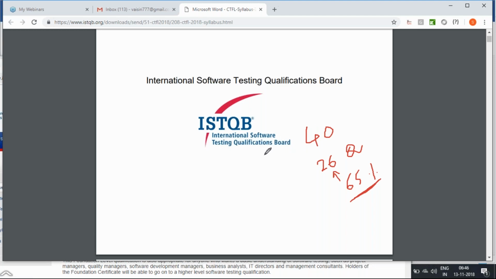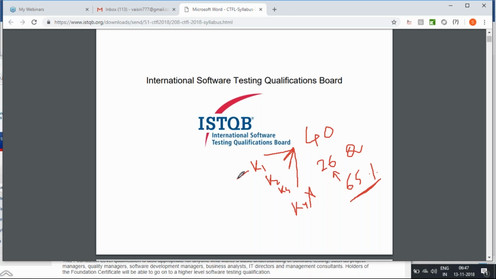And these questions are generally categorized into K1, K2, K3, and they have also removed the K4 section from the foundational level. So now we don't have anything like a K4 section. It's only K1, K2, K3 questions.